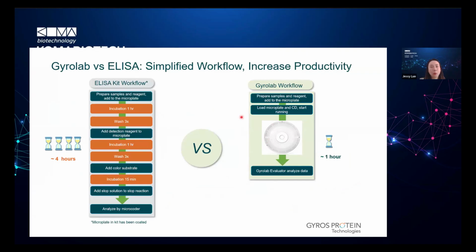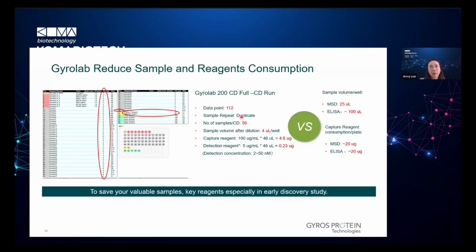And also, from sample and reagent consumption point of view, each of our CD, you can regard it like a plate. The CD has 96 or 112 wells per CD. But the sample volume we need will be around 4 microliter to 8 microliter for each well.